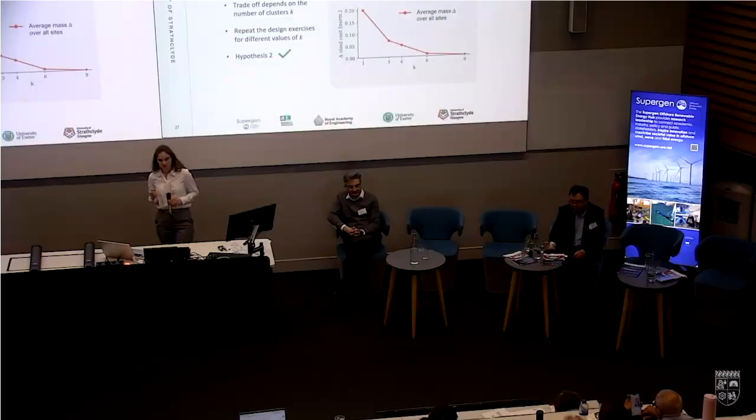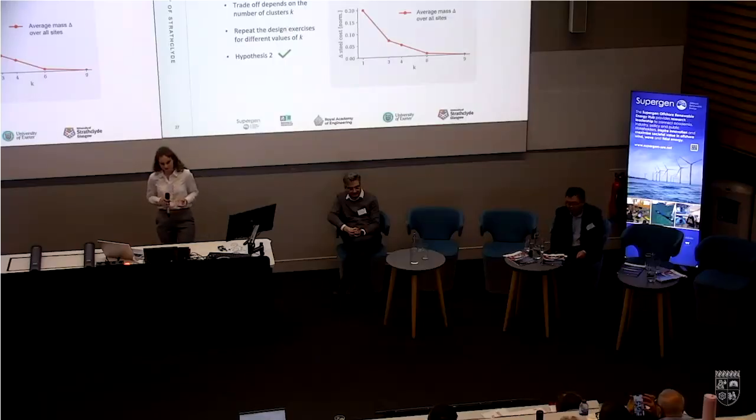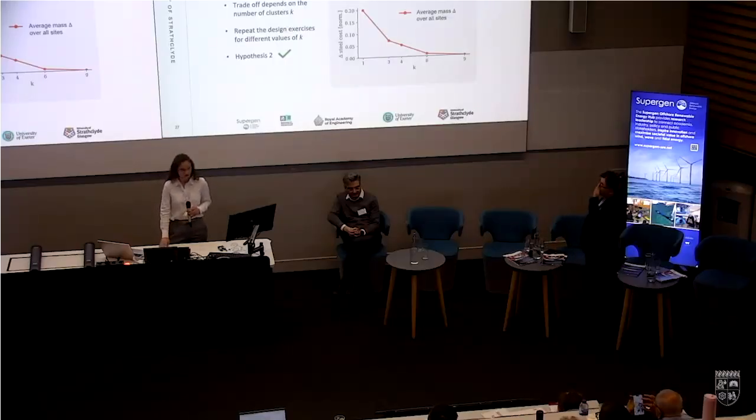Once we do that, we can note the average over-engineering over the whole domain, over all clusters. And what we find is that with the number of clusters increasing, the average level of over-engineering decreases. At about 9 clusters, it basically vanishes, which is good news, and confirms our hypothesis as well.